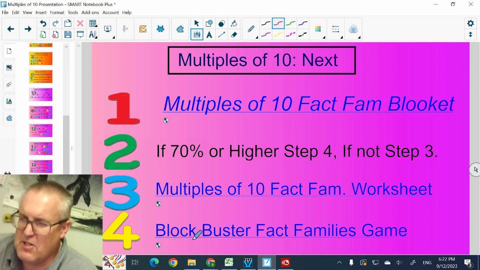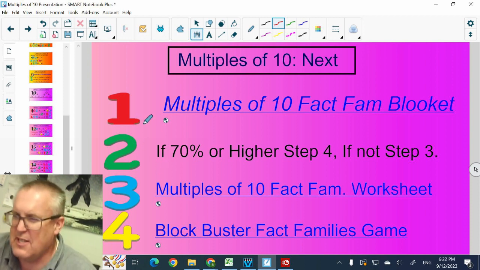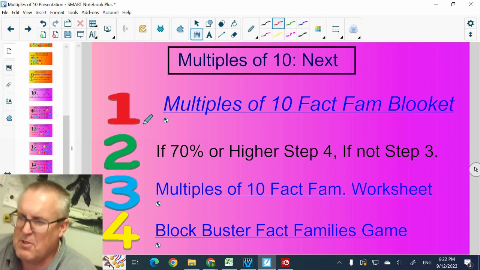After that, everybody's going to play the Fact Families game. And substitute, sorry, I don't know who it is. So I hate just calling you substitute, but that's all I know right now. If you could help the people that miss less than 70%, they are going to come to the black tables in the middle, and they will get the worksheet, and please help them out. That would be awesome. Help each other out too.